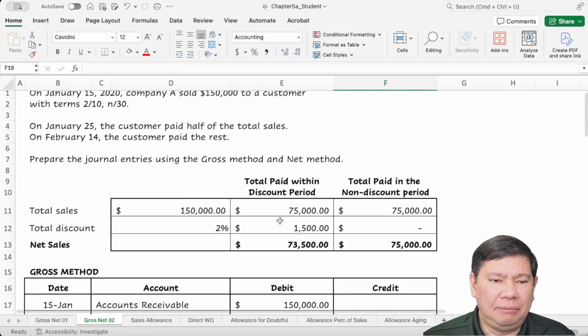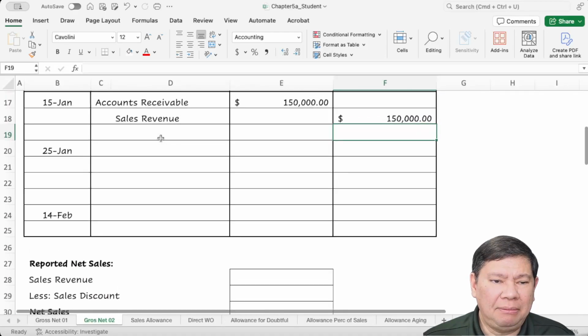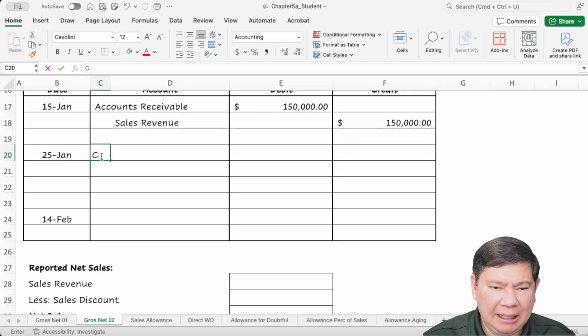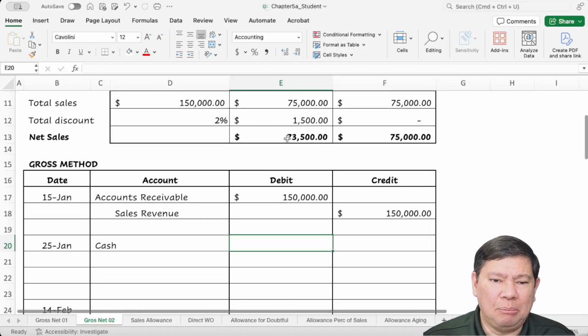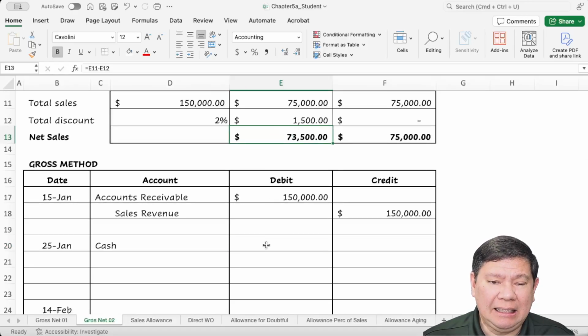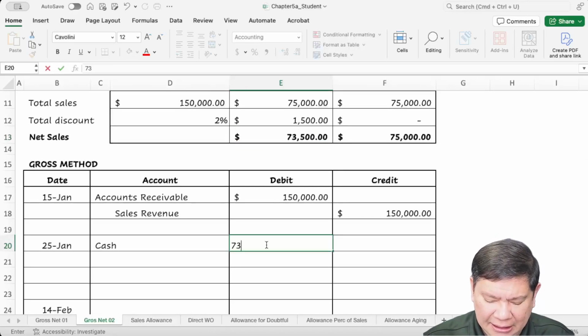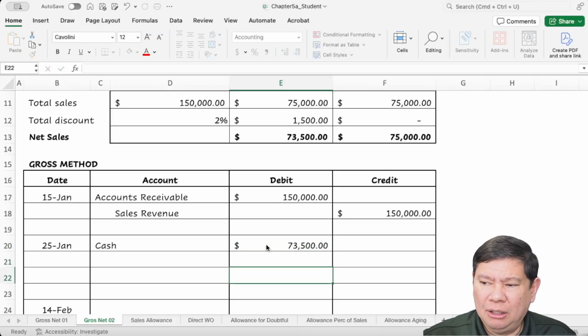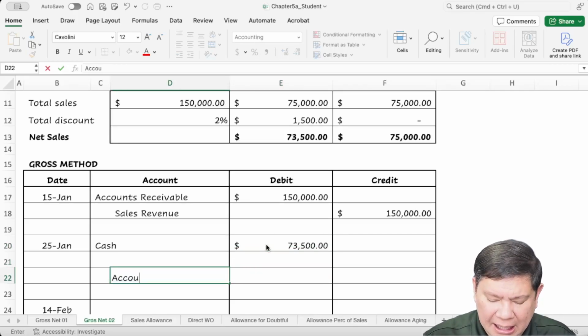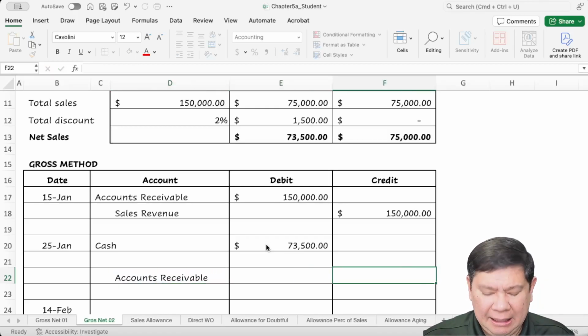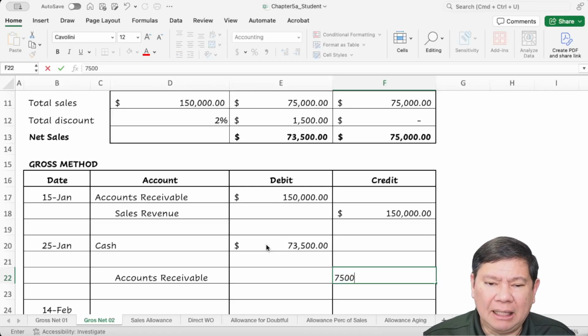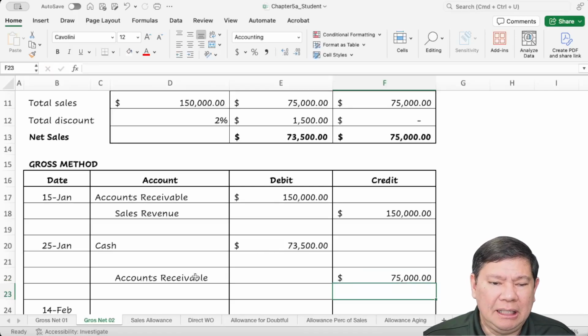January 25, we receive half, so we get cash. Because this amount carries the discount, we only receive $73,500, but the accounts receivable that we cancel is $75,000, because the accounts receivable was based on the gross amount.